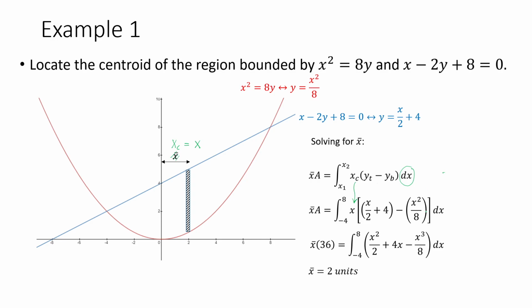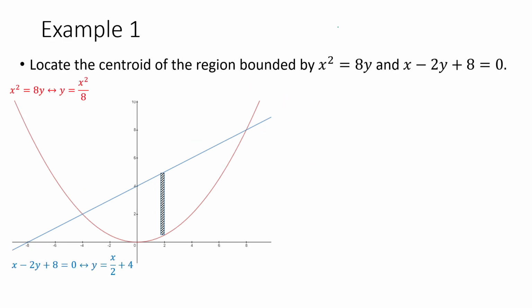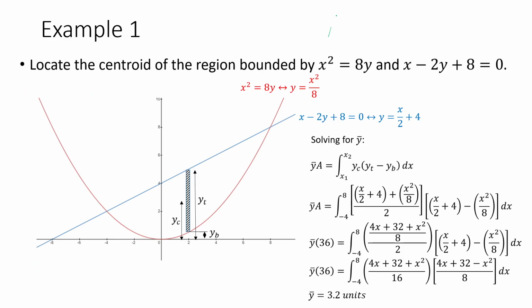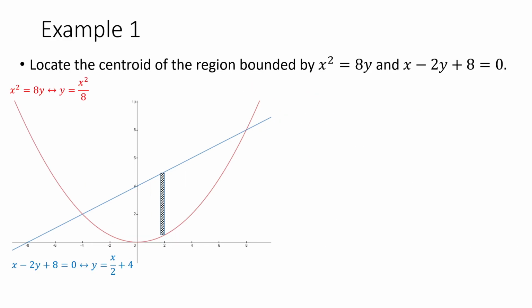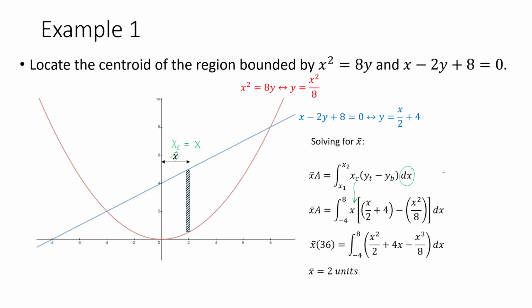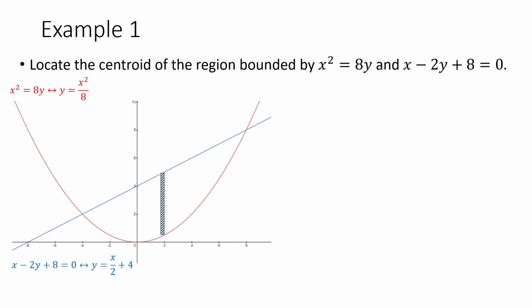Okay, so since we know now your bar x, we now go to your bar y. Again, area is equal to 36 square units, and bar x is equal to 2 units.